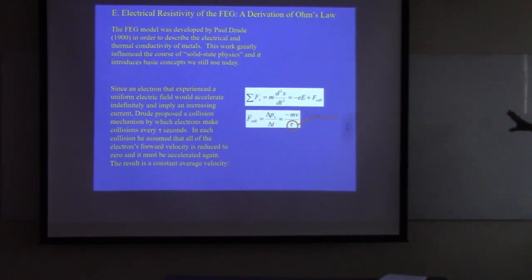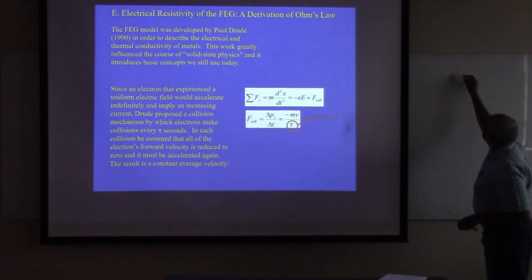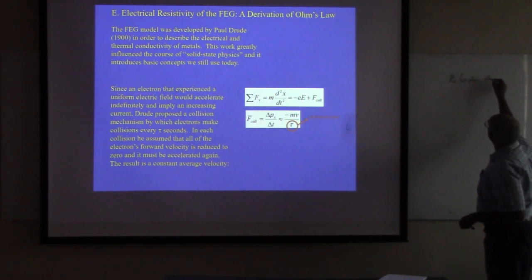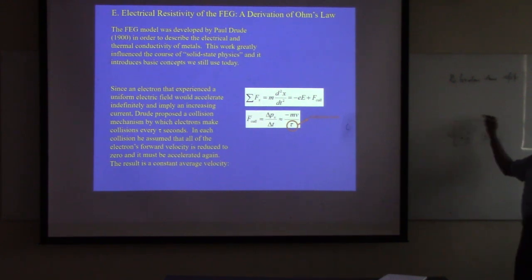So if you remember, last time we talked about something called the relaxation time approximation, right? Basically, when you have immobile ions, the electrons under an electric field, electrons being negatively charged, move in the opposite direction.